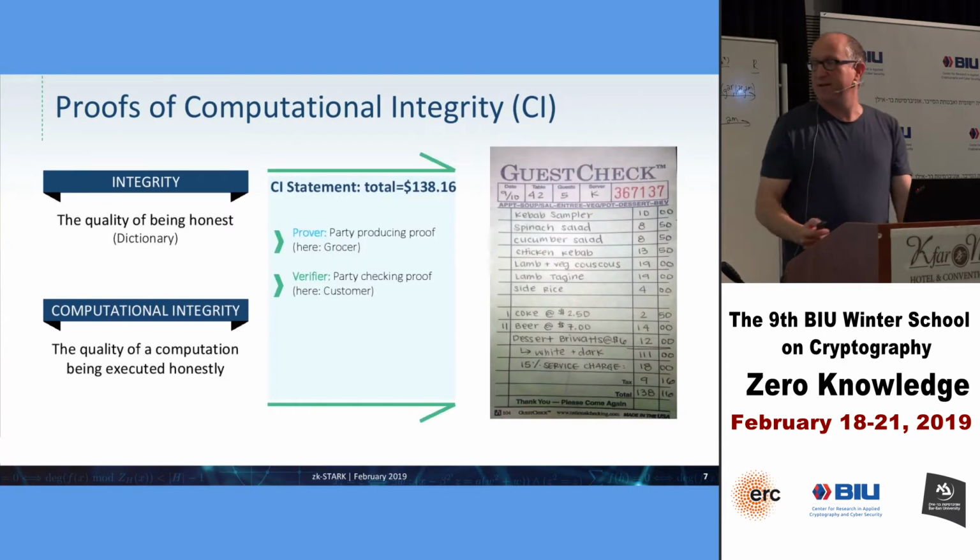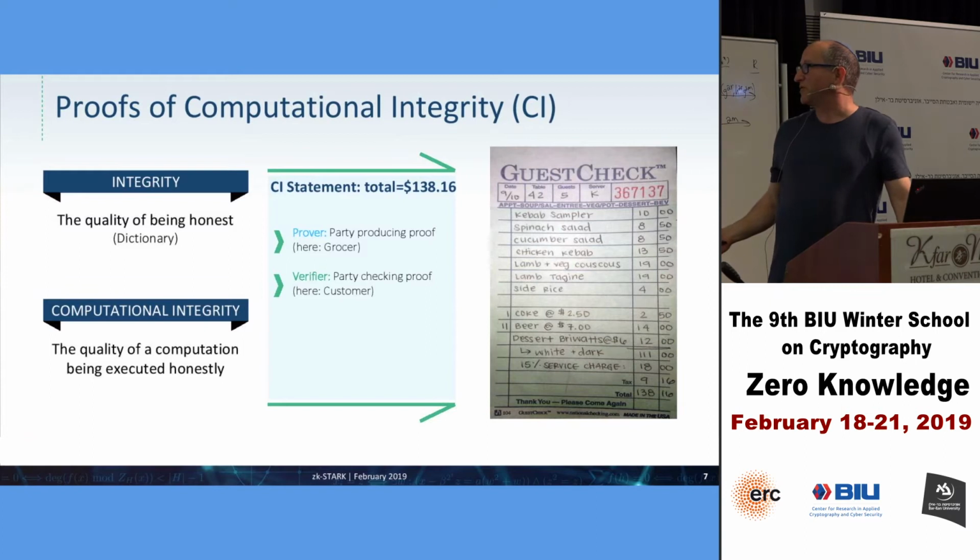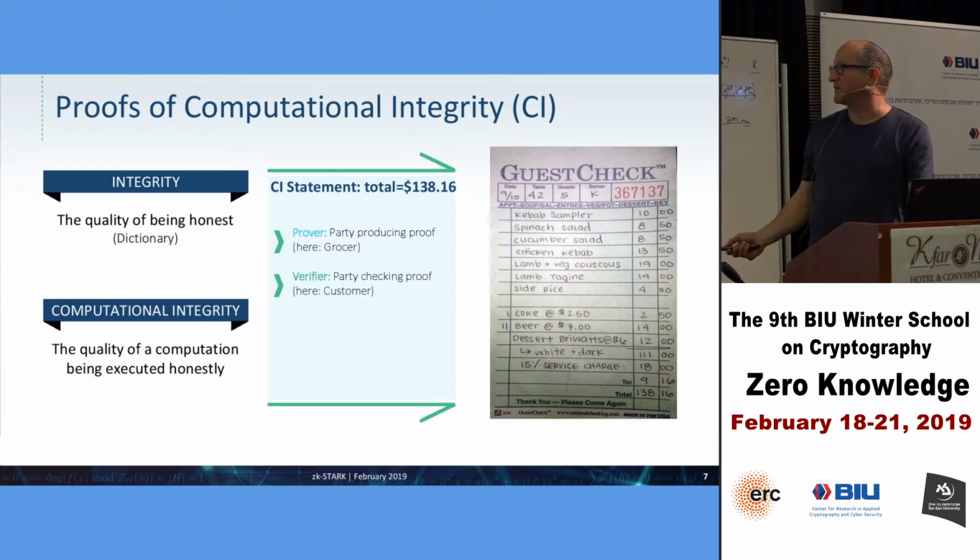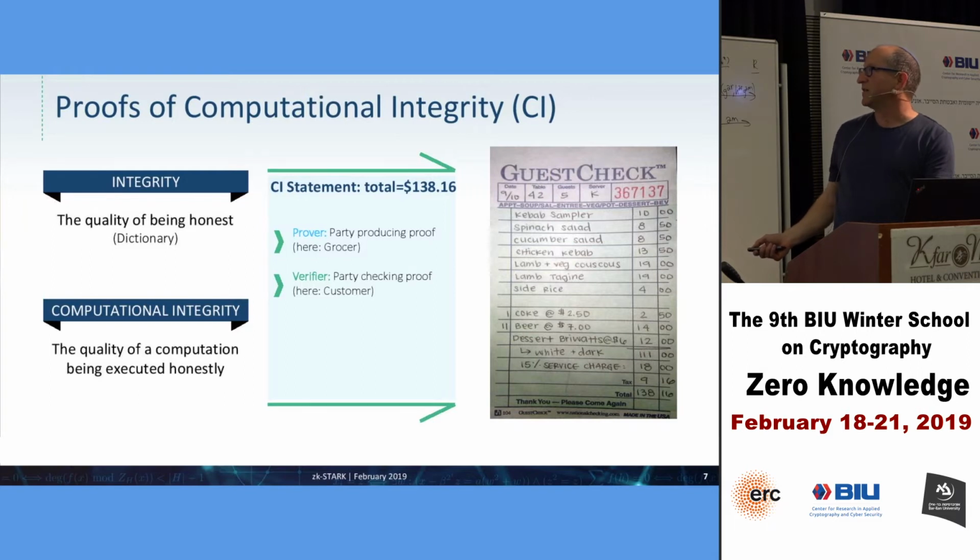Here's an old proof of computational integrity, which you probably recognize, or the older ones among you might recognize it because now it would be printed by a computer. This is really a statement, and a proof, of computational integrity. The statement asserted here is that the customer should pay $138.16.